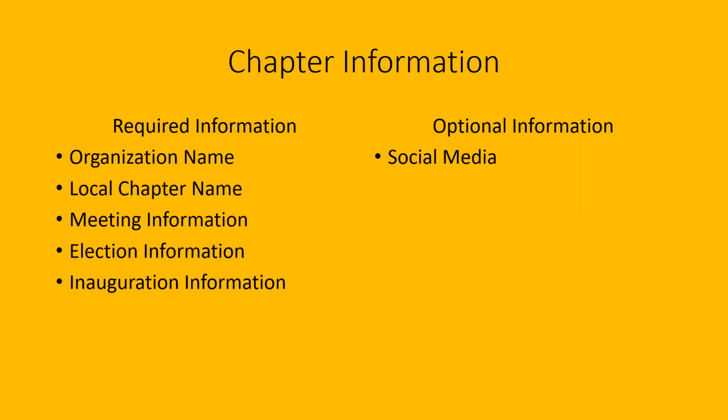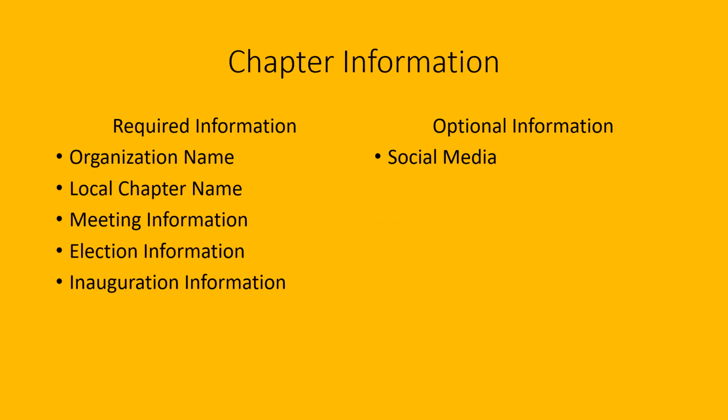The next page is going to ask for chapter information. So we're going to ask for your name. There's going to be a section you can type in a local name. So if you have a national organization, but your chapter has a slightly different name here on campus, you'll be able to type that in. We're going to ask when and how often and what time you have your all chapter meetings.